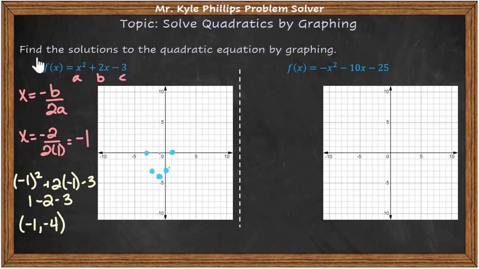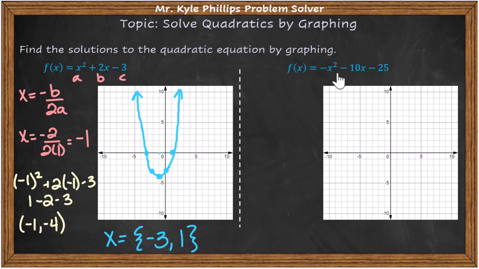The whole idea of solving a quadratic by graphing is to see where it crosses the x-axis. Here it looks as though it crosses the x-axis at negative 3 and positive 1. So my solutions would be negative 3 and positive 1. These would be the solutions to this quadratic.